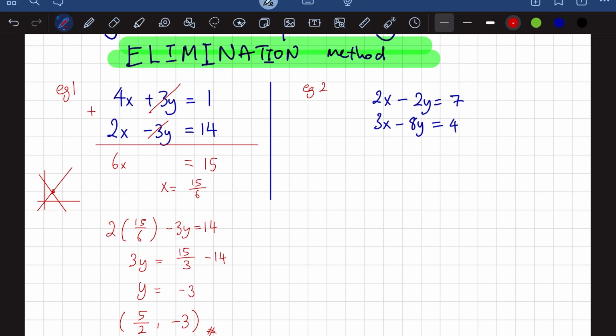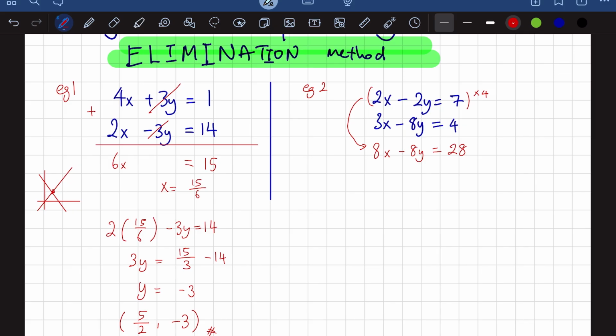So what I'm going to do for example 2 is multiply by 4. At the bottom here, I'm going to write 8x minus 8y equals 28. All right, so that is written down here.